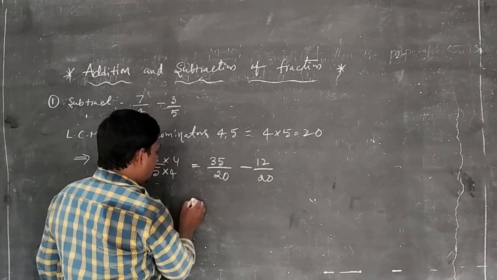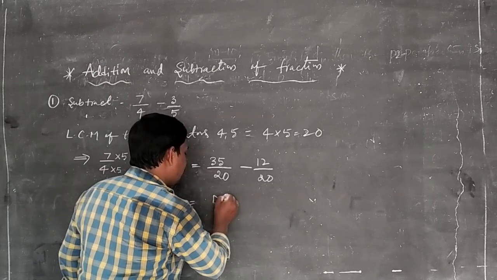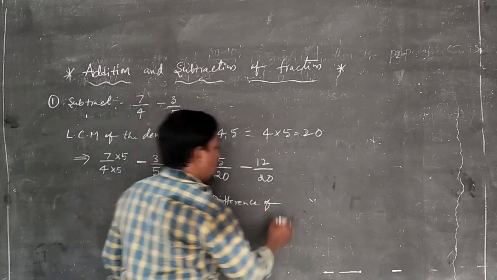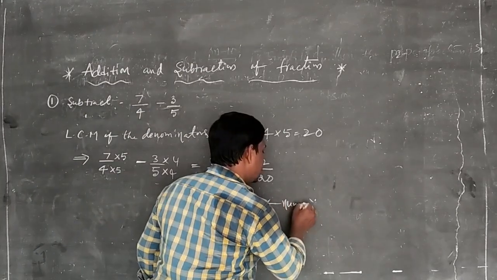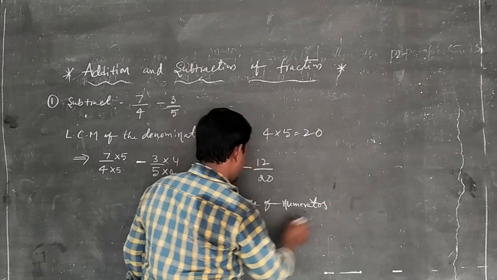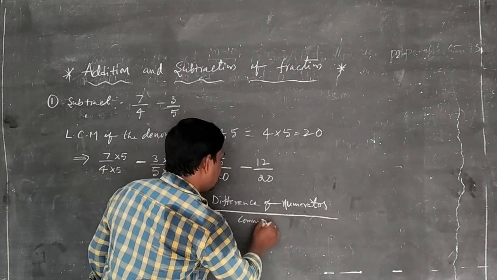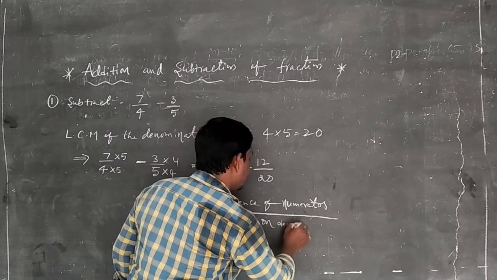What is the rule? Difference of numerators by common denominator.